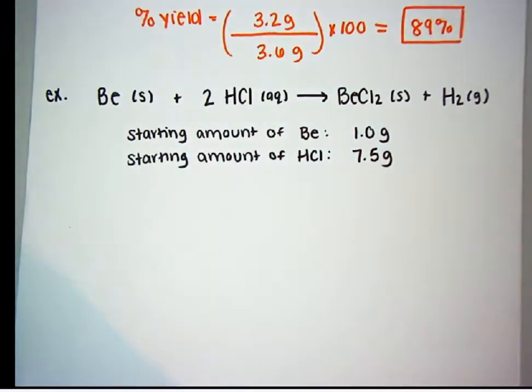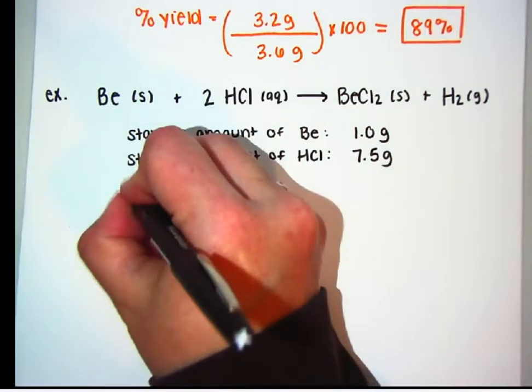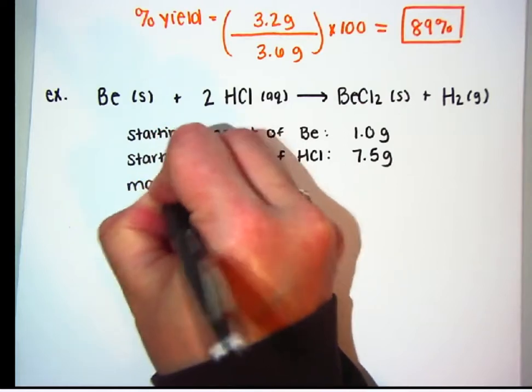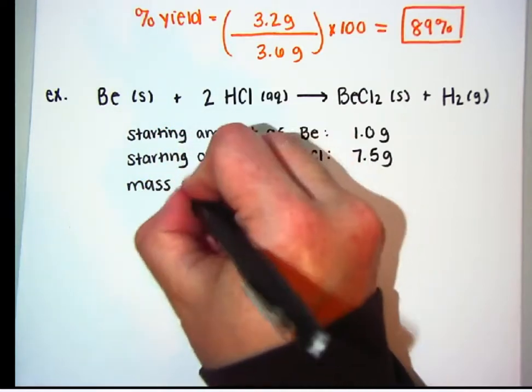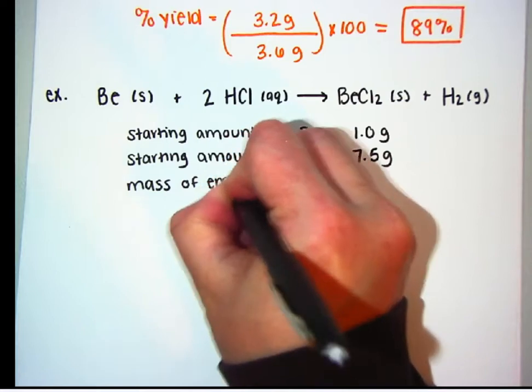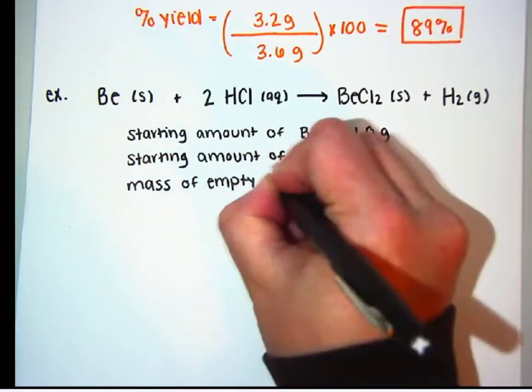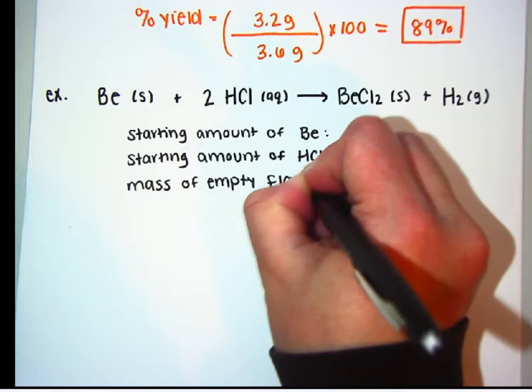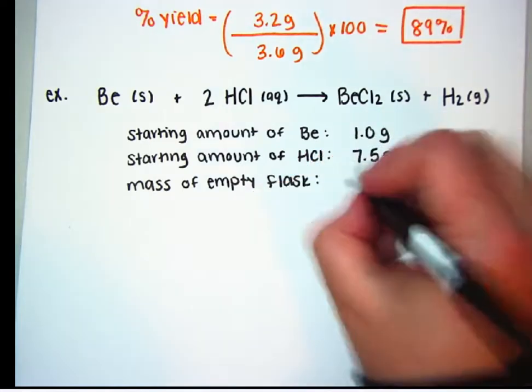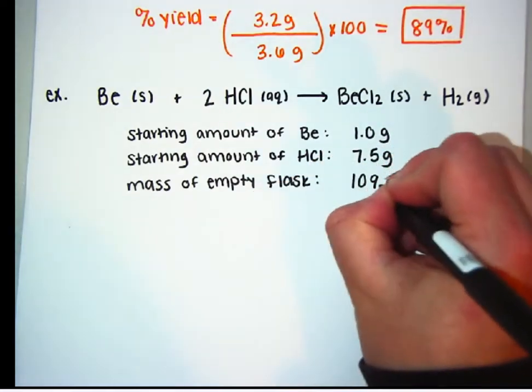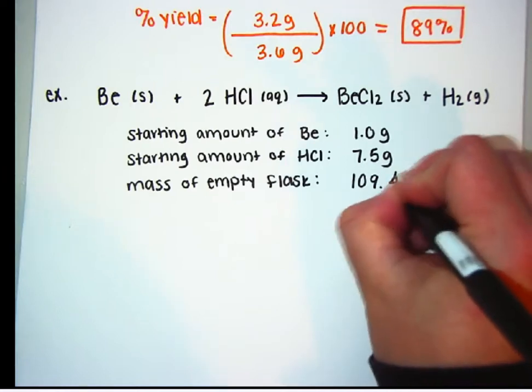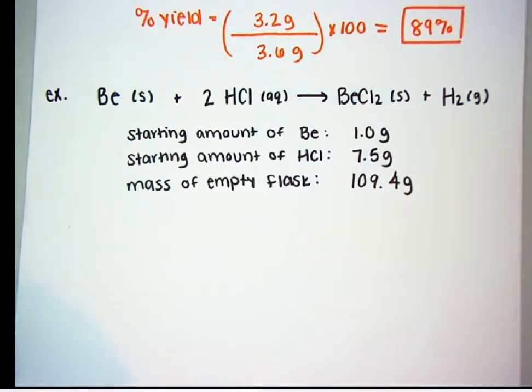And we're going to do this reaction in an Erlenmeyer flask. Before we do the reaction, I'm going to record the mass of the empty flask. Let's say it is 109.4 grams. And then we're going to do this reaction.